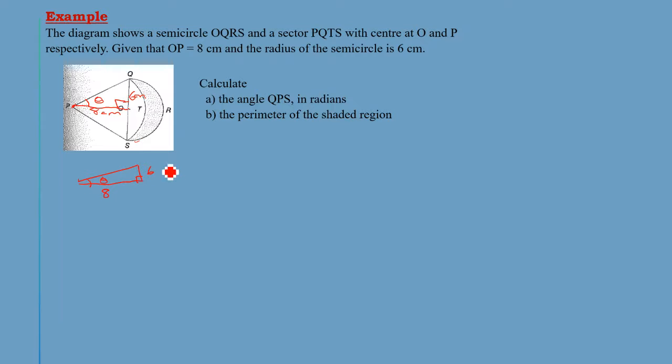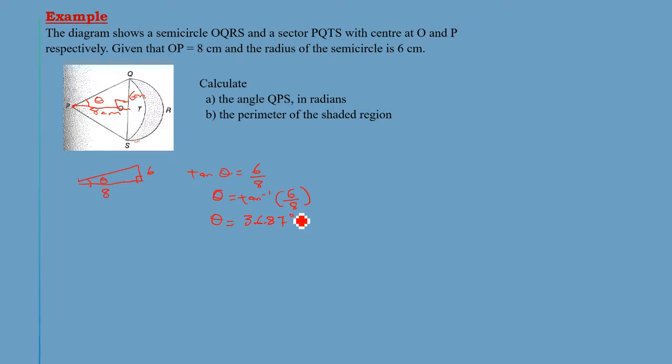What concept are we going to use? We are going to use tangent. Tangent theta is 6/8. Use your calculator to find the inverse tangent of 6/8. They want the answer in radians. Inverse tangent 6/8 will give you 36.87.